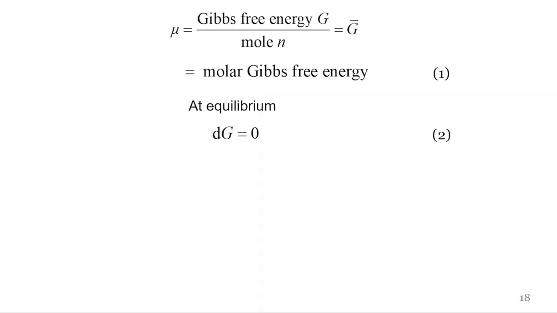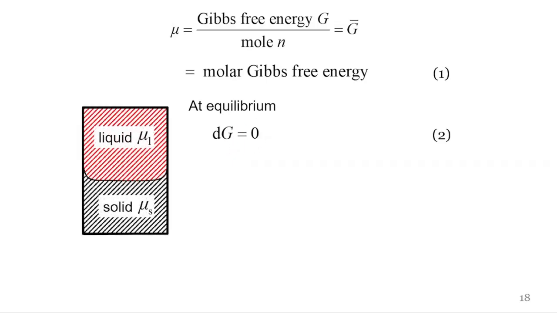At equilibrium, change in Gibbs free energy is going to be equal to 0. So let's say the liquid phase has a chemical potential of mu sub L, while the solid phase has a chemical potential of mu sub S. Let a small amount of the liquid phase change to the solid phase.